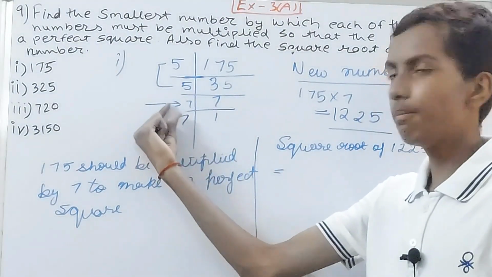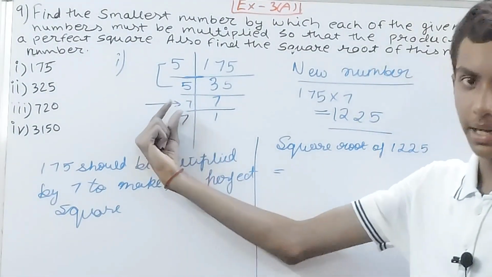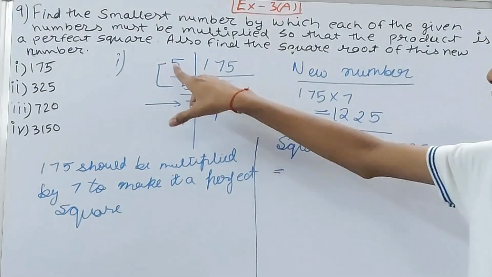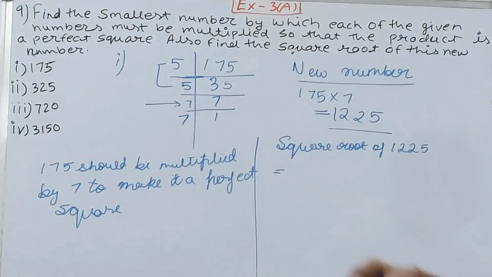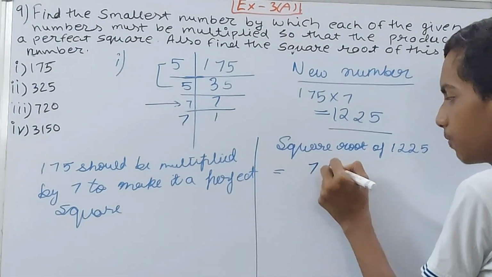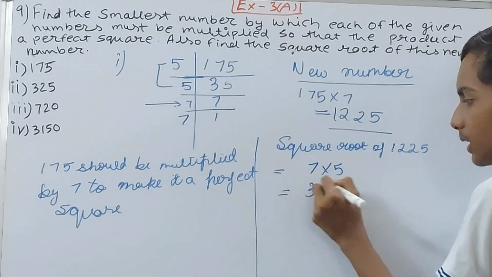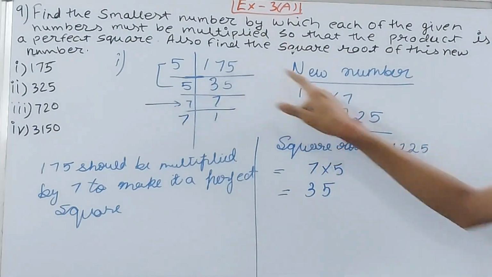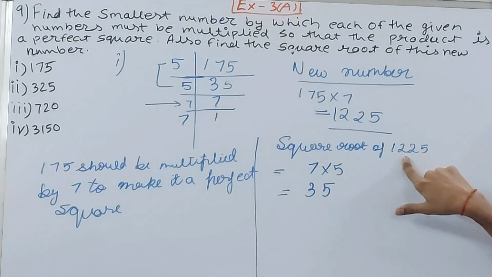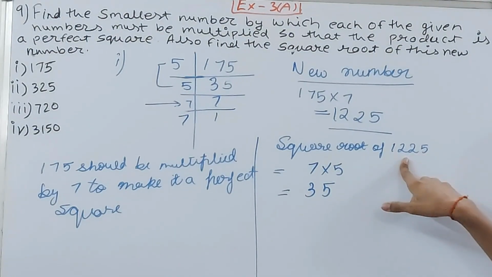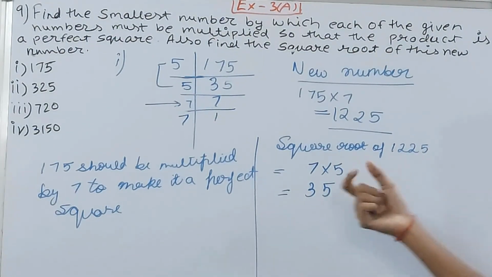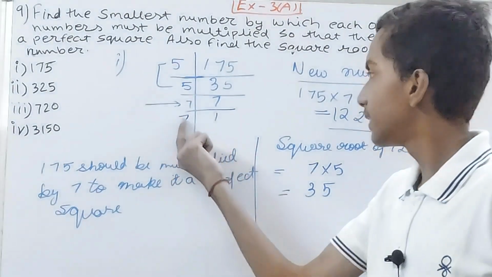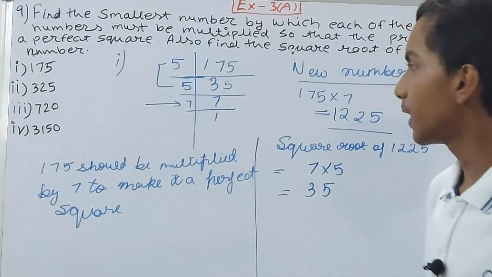So that we can make a pair of this 7 and nothing is left out. One pair will be made of this 7, the other of this 5. So 7 into 5 is 35. This time our number is not 175 but 1225, so its square root will become 35. This extra 7 is just for showing, don't write it down.